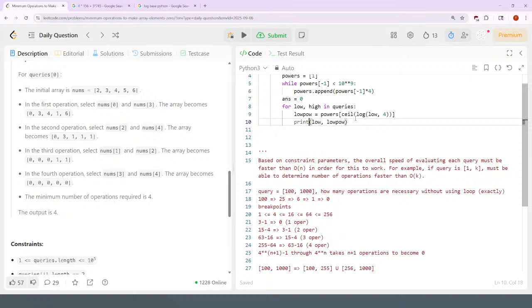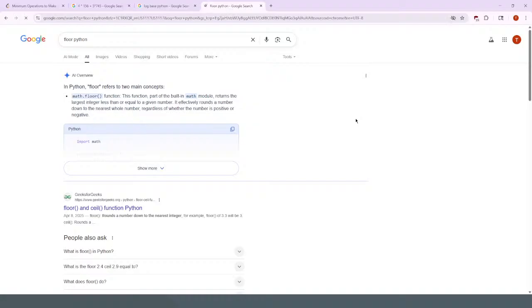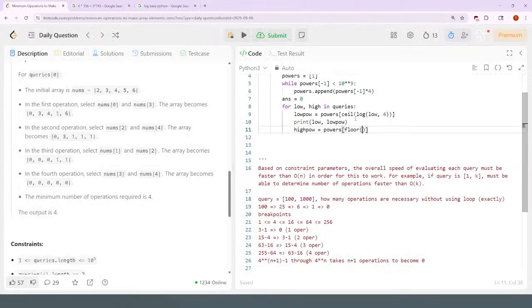Change this. Powers. The ceiling is going to be... it's floor. I think it's called floor in Python. Round down. The floor of log of the high value, base 4.